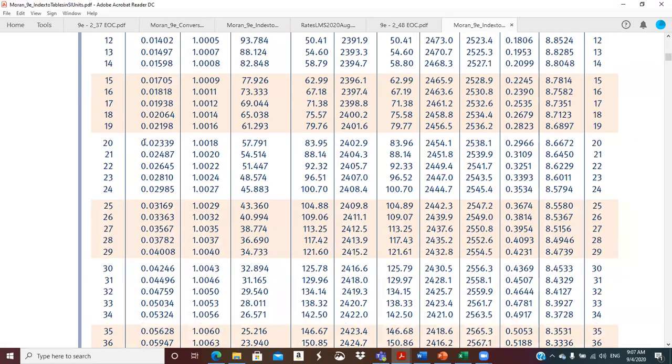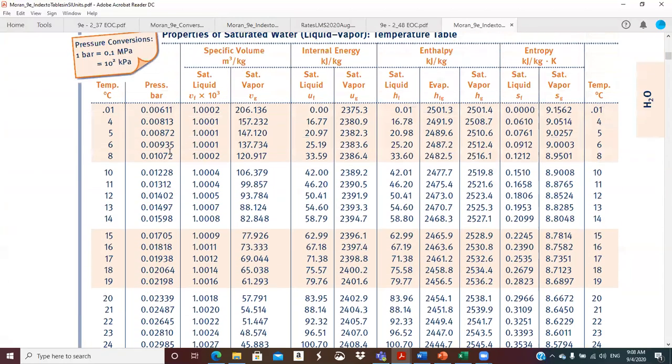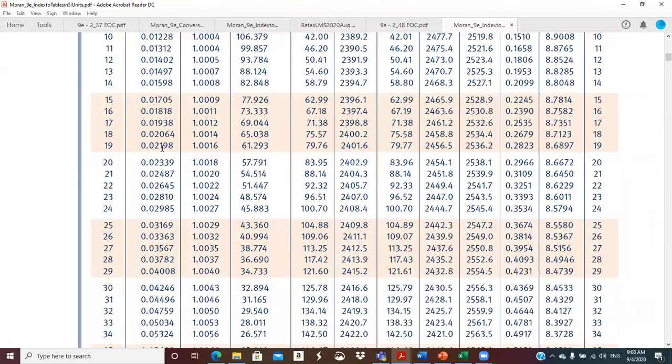You get all of these round numbers for temperature, and then it gives you the saturation pressure that corresponds to that temperature. That water was at 20 degrees C, and the saturation pressure at 20 degrees C is 0.02339 bar, but atmospheric pressure is 1.014 bar.